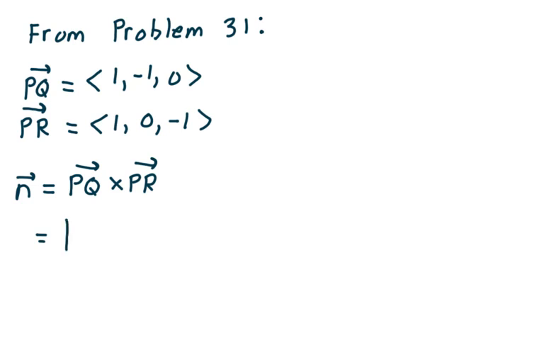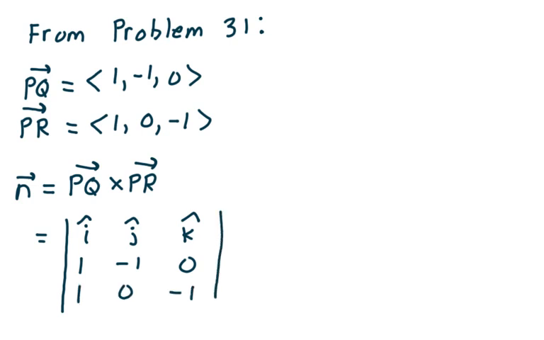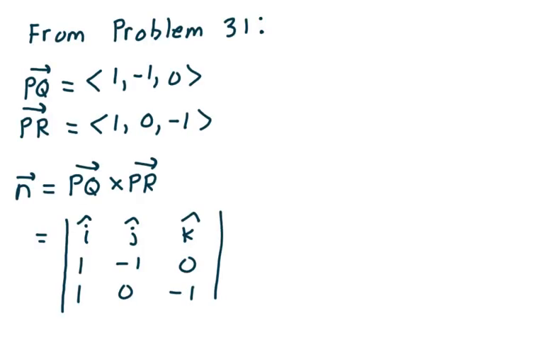So we're going to write this in determinant notation. So in the first row, we get I, J, K. In the second row, we're going to get the entries 1, negative 1, 0. In the third row, we get 1, 0, negative 1. Now, to take this determinant of sorts, right?